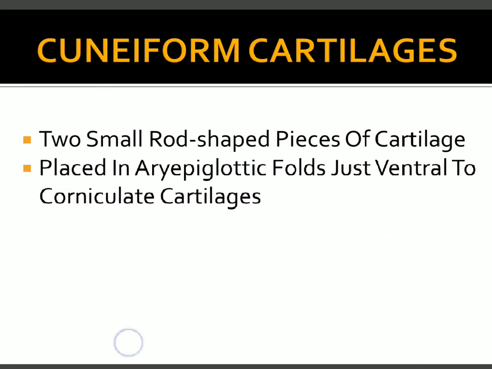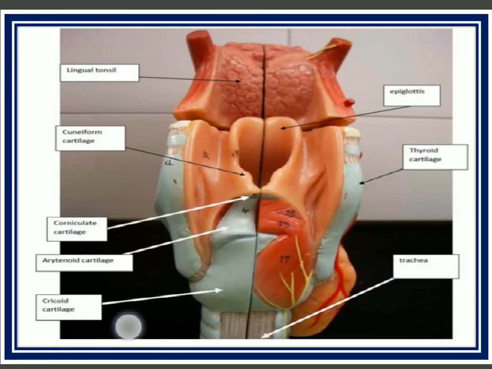The last cartilage is the cuneiform cartilage. Again, two small rod-shaped pieces of cartilage placed in the aryepiglottic folds just ventral to the corniculate cartilage. With the help of this model, we can understand the location of the cuneiform. They are ventral to the corniculate.